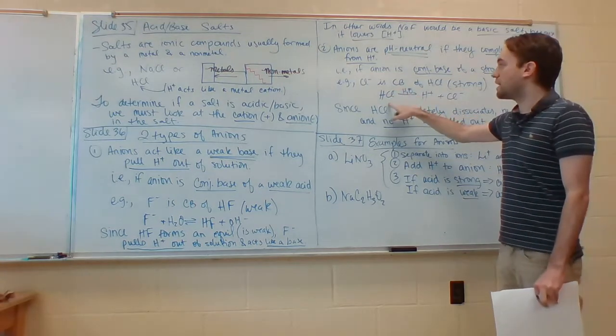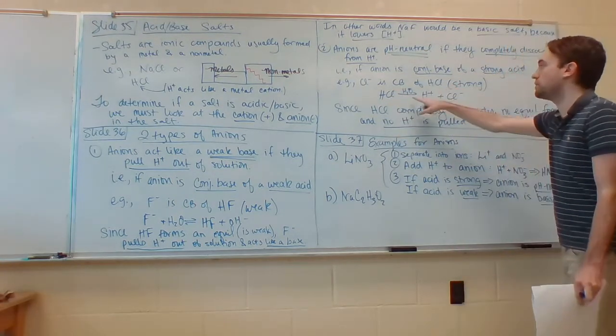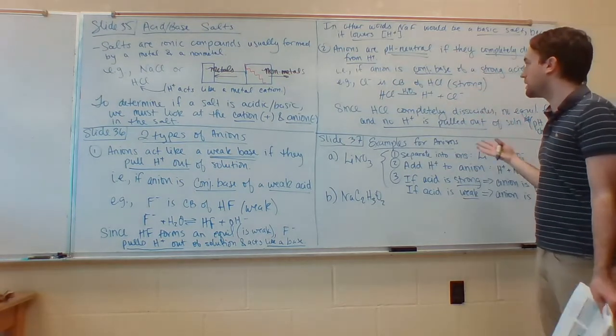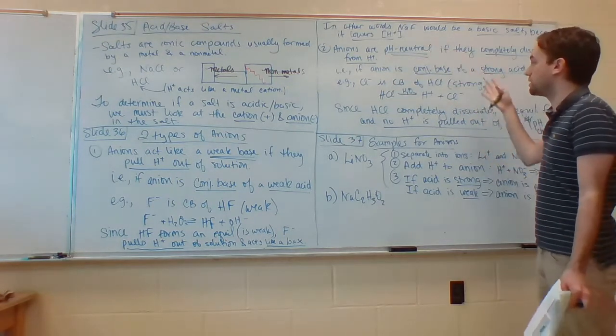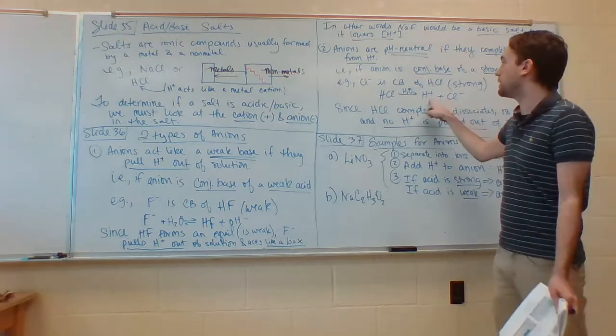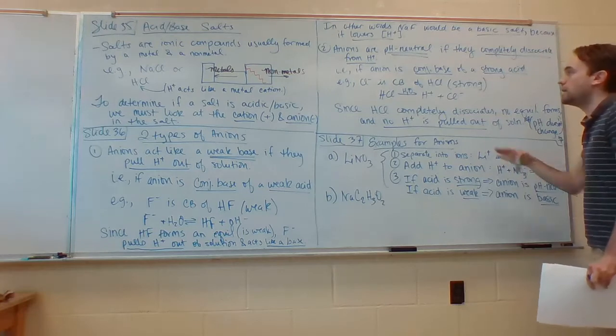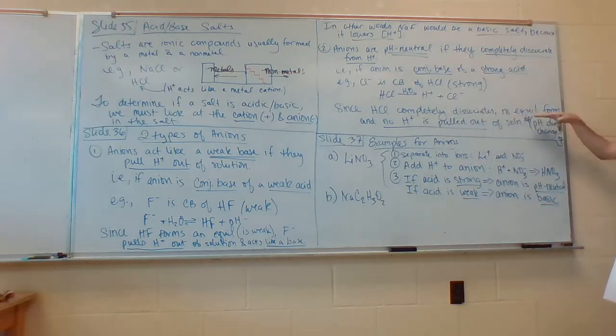So for instance, if I added hydrochloric acid, right, it completely dissociates into H plus and chloride minus. So if I put chloride minus into solution as part of like sodium chloride, it's just going to completely dissociate with any H plus that's in the solution. So it's not going to pull it out. Okay? So since the HCl completely dissociates, no equilibrium forms.